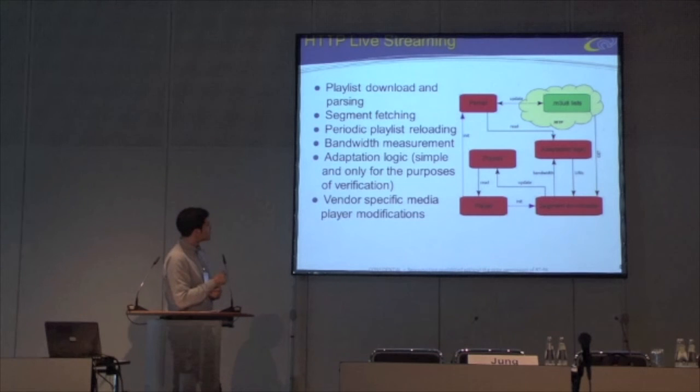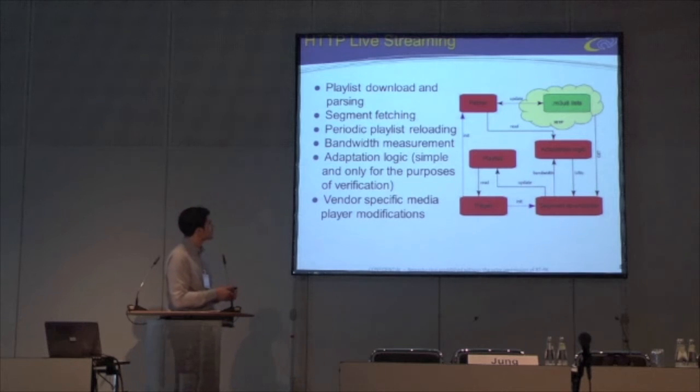Now I will present you a short example of HTTP live streaming. First, the playlist, the M3U8 document, is downloaded, and after it is parsed, the segment fetching can start.